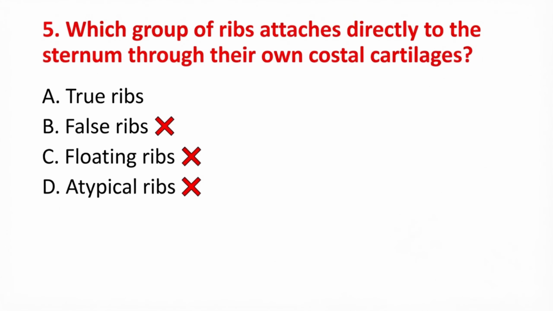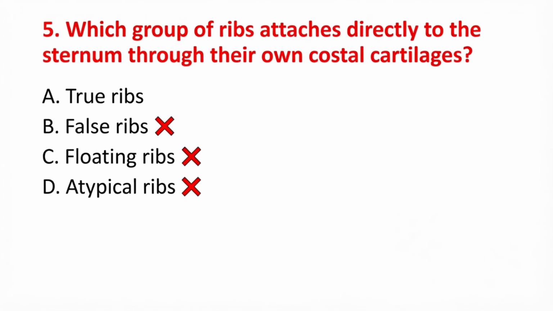Why other options are incorrect? Option B is incorrect because false ribs, which are ribs 8 to 10, do not attach directly to the sternum. They attach indirectly through the costal cartilage of the rib above.